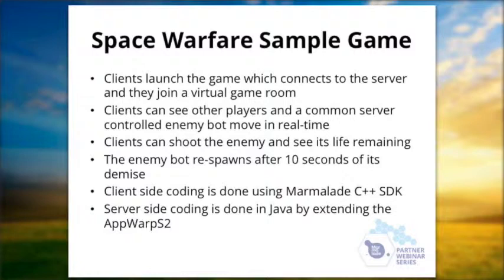As they shoot the dragon, the dragon's health reduces, and when it reaches zero, it's dead. It will then respawn after 10 seconds. The server-side extension for this dragon is written in Java over the App42 server, and the client side is in Marmalade, which interacts with the server using our App42 Marmalade SDK.